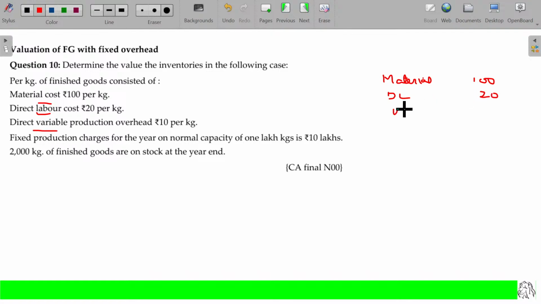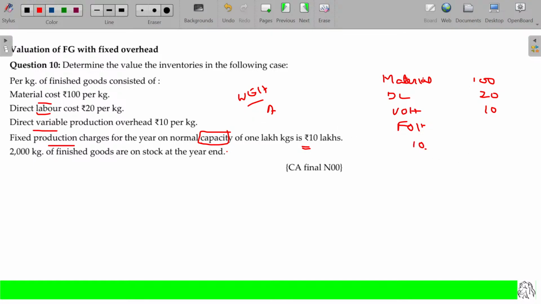Direct variable production overhead 10. And fixed production charges on normal capacity of 1 lakh unit, normal production capacity. What is the actual? Actual information is missing. So actual or normal, whichever is higher will be taken.